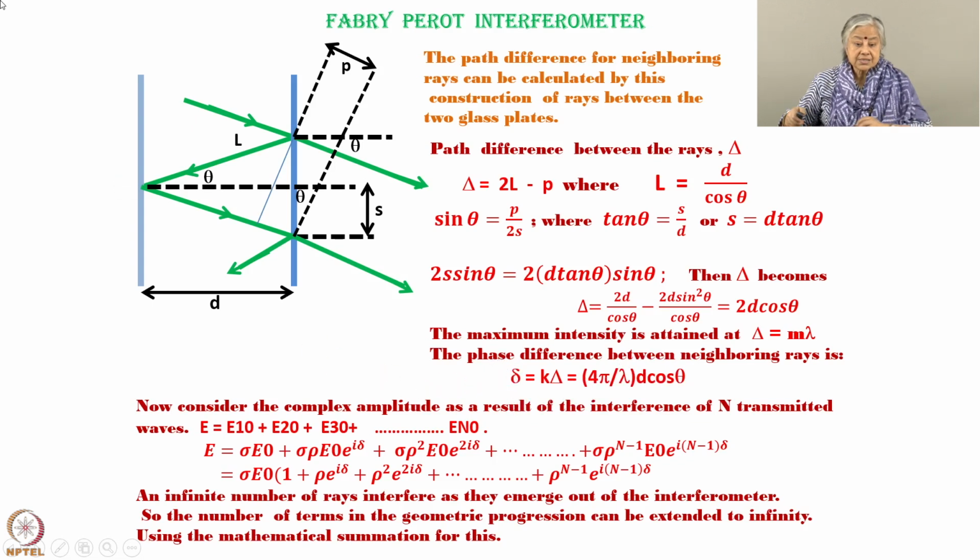Okay. Now, let us consider the complex amplitude as a result of interference of n transmitted waves. So, n transmitted waves are there. The wave E, that means the final wave, is a superposition of all these waves, E10, E20, E30, up to En0.